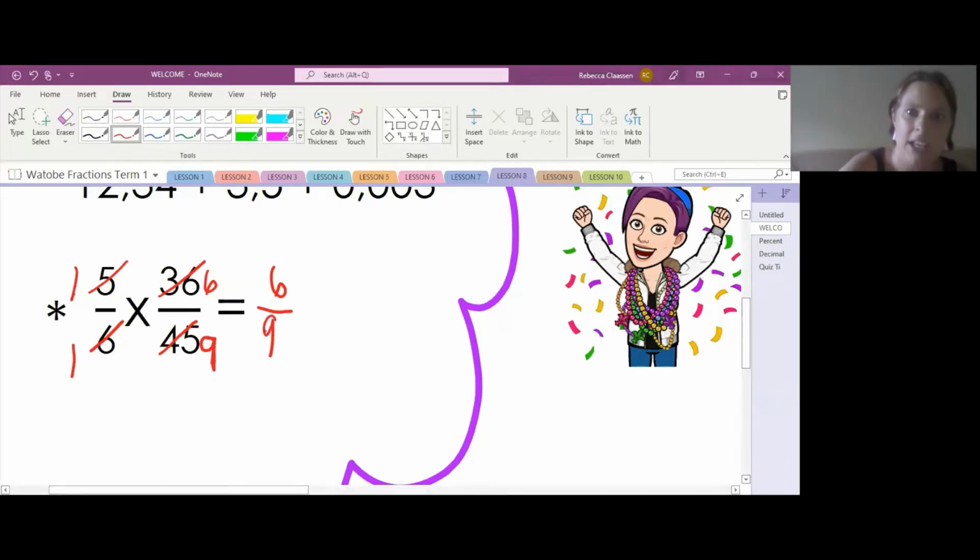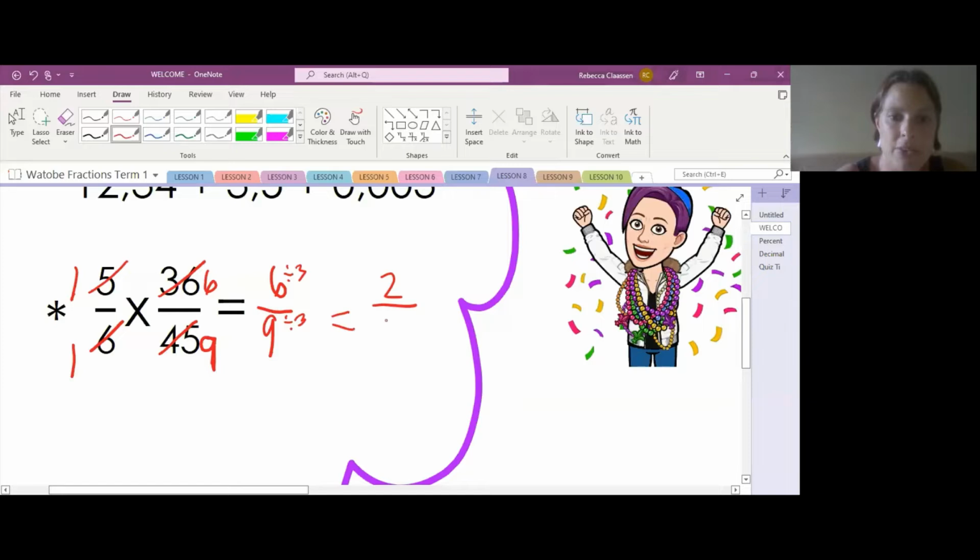Good. Okay. And now, are we finished? No, ma'am, we must simplify. There we go. We can simplify this one. What can we divide the numerator and denominator by? 3. We can divide both of them by 3. And 6 divided by 3 is? 2.